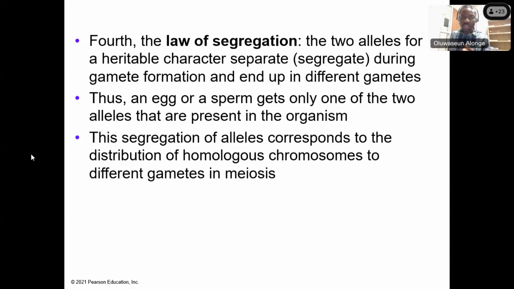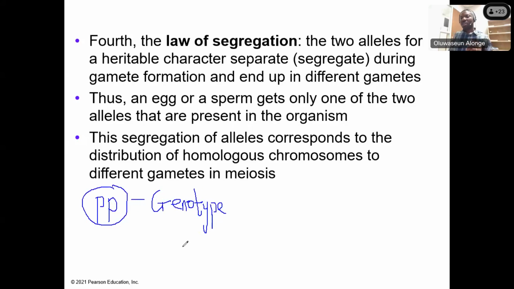If you say P, this is a genotype. You don't give a genotype to a child, to an offspring. What you give to an offspring is gametes.